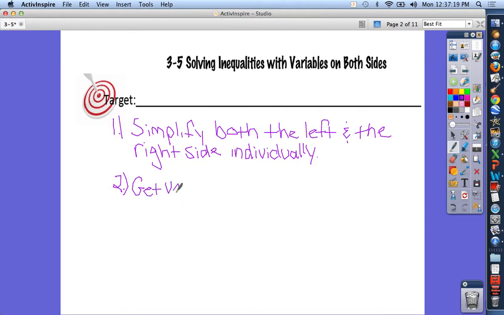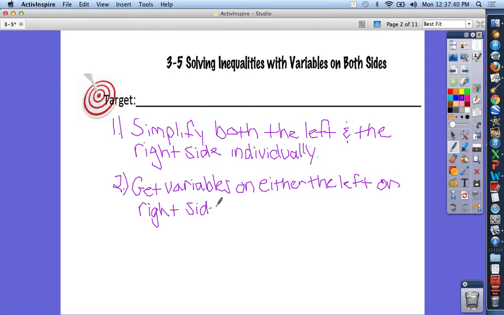Get variables on either the left or right side using addition or subtraction.